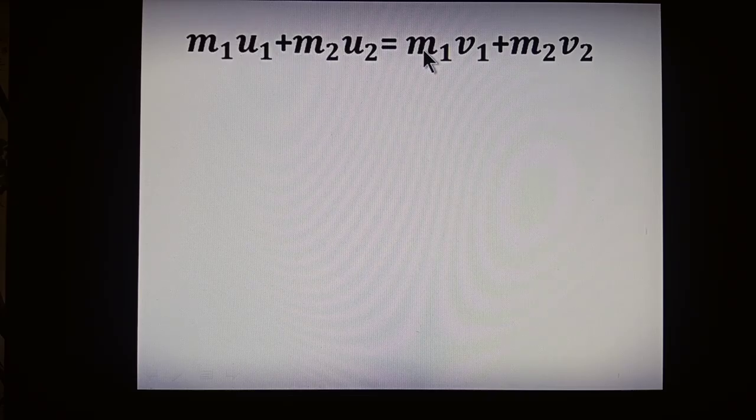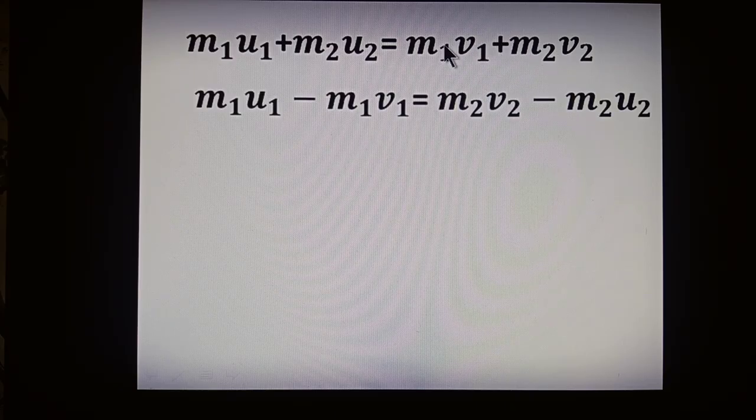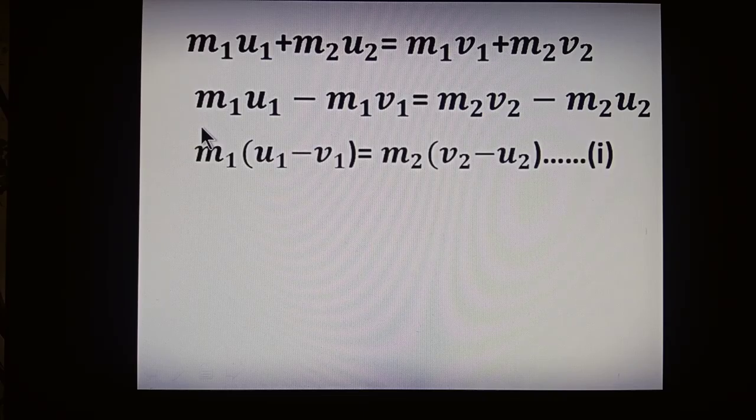It should equal the total momentum of the system after collision. Rearranging this equation, taking m1 v1 on the left side and m2 u2 on the right side, now taking m1 common on the left and m2 common on the right side, and mark it as equation number 1. Remember it, note it, we will recall it after a few steps.